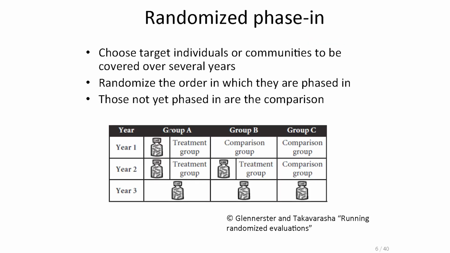So for example, in year 1, group A gets the treatment, and groups B and C are the comparison group for group A. In year 2, groups A and B become treatment, group C is the comparison, and in year 3, everybody is treated. So of course, in year 3, you don't have an experiment anymore, but you have an experiment in year 1 and in year 2.